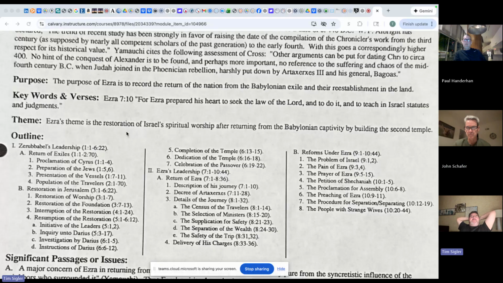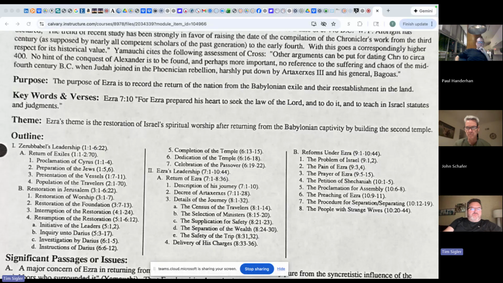Second Temple Judaism then takes shape in response to key events of history that affect the Jewish people. And for that reason, some have called the time period and the literature produced in that time period Second Temple Judaism.